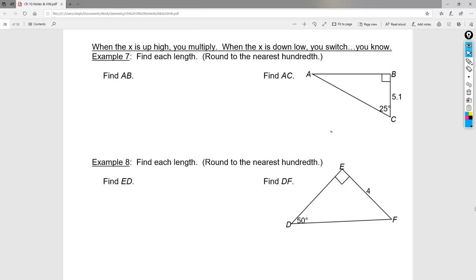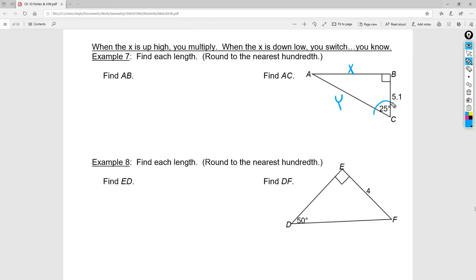Next example. We want to find AB, and eventually we want to find AC. So I need to start with what I am given. In this case, I have 25 degrees, so this is the angle that I'll be focusing on. I have 5.1. Let's call AB x, and let's call AC y. I need some relationship between x and 5.1, or in other words, some relationship from my angle.